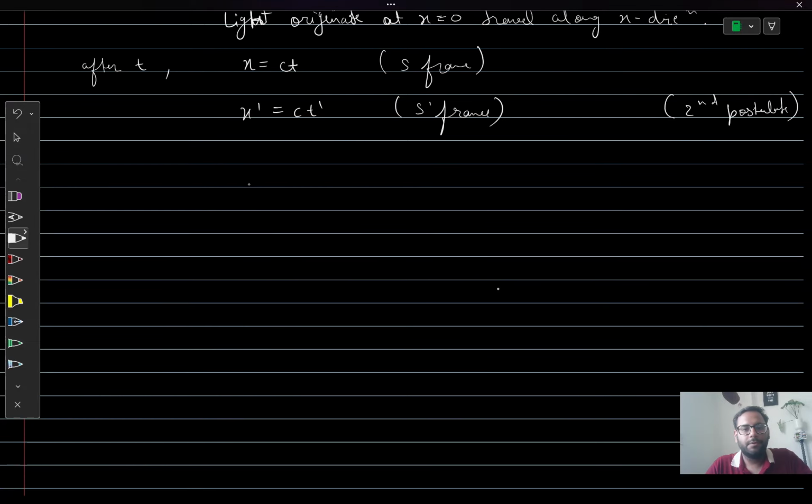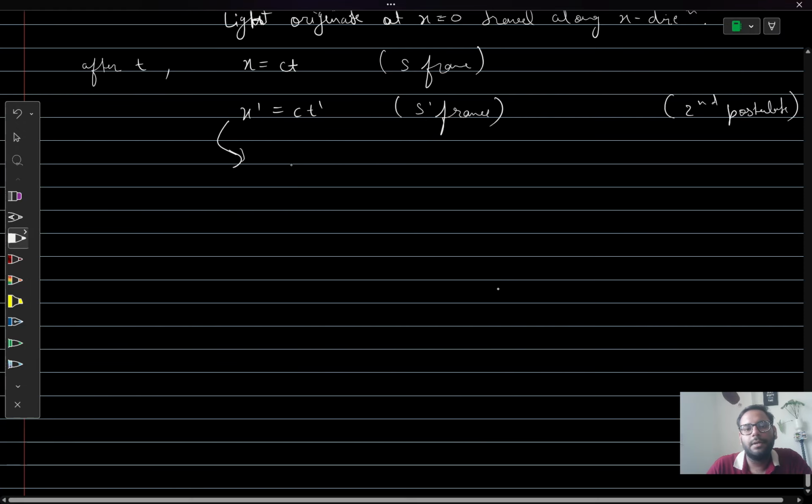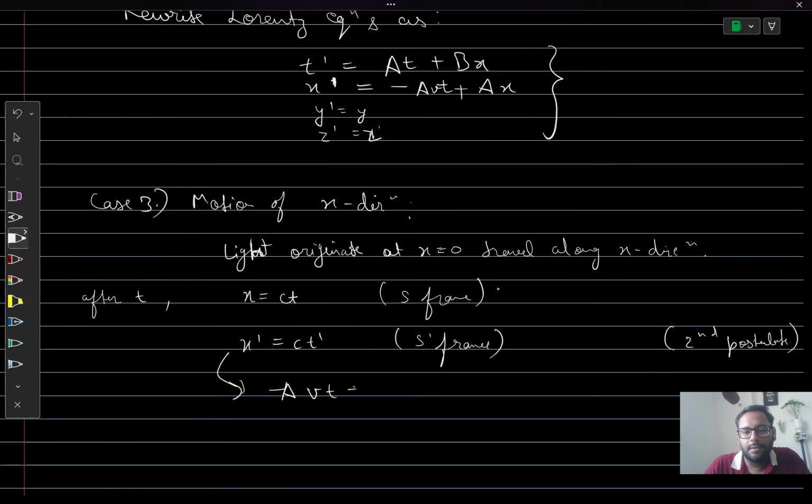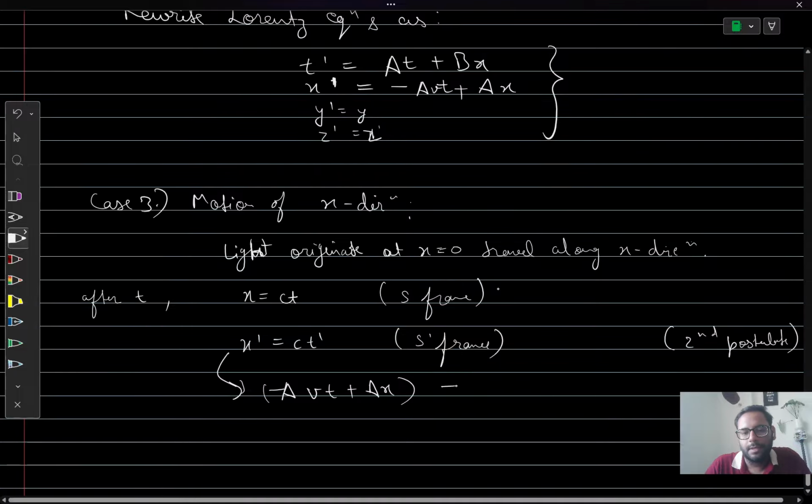So what will happen to our equations? Let's use this equation and put in our transformed equations. What is x prime here? It is minus vt plus ax, which equals c times t prime.